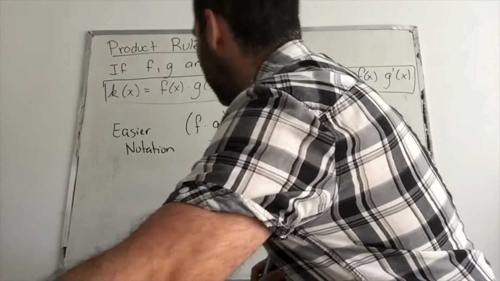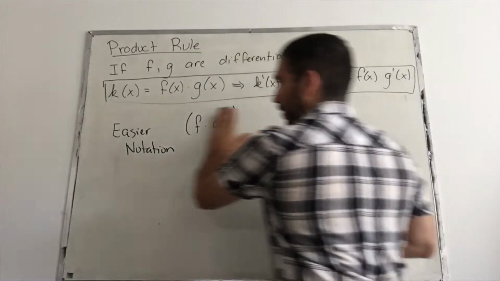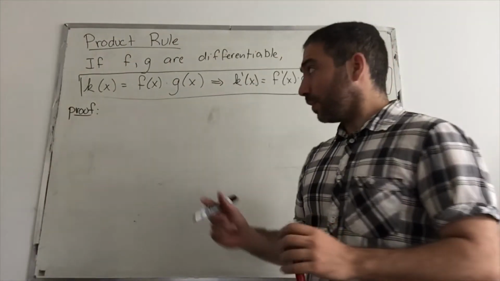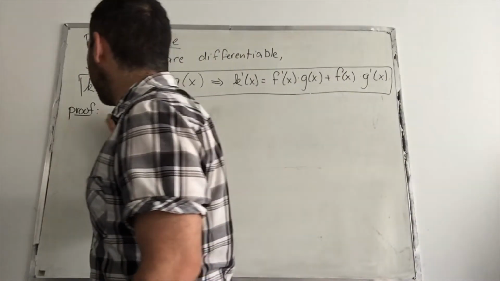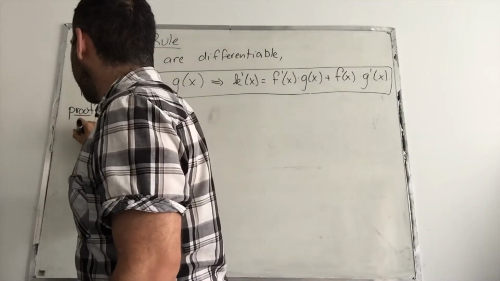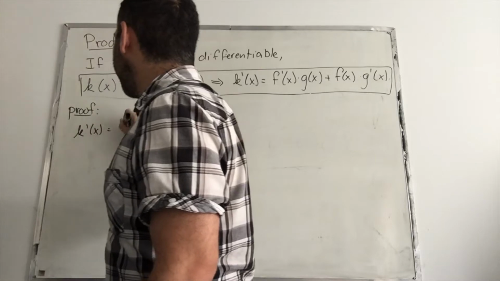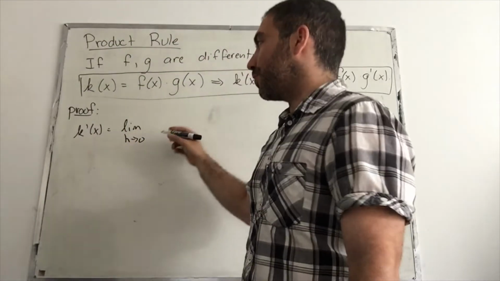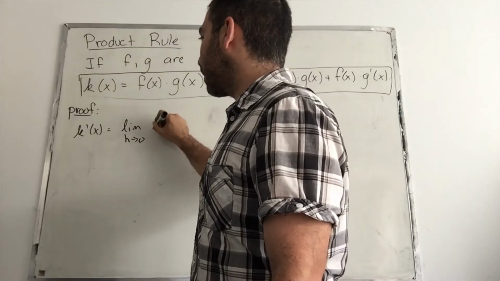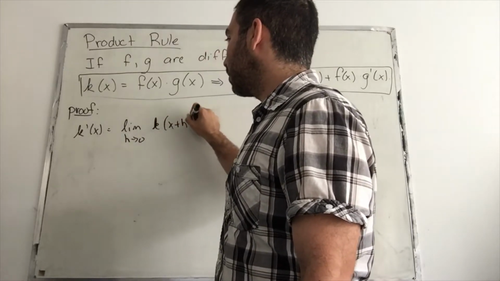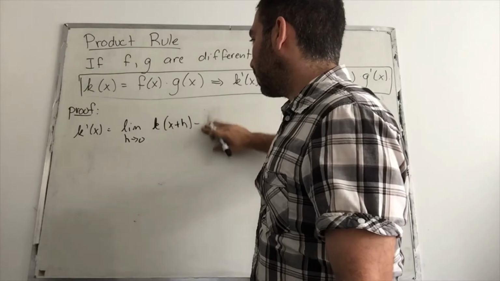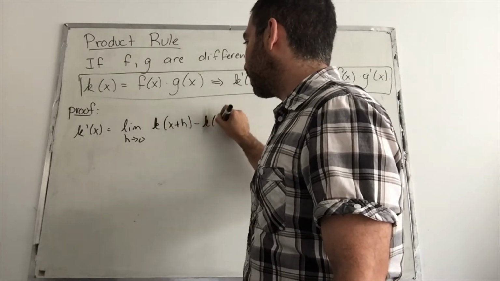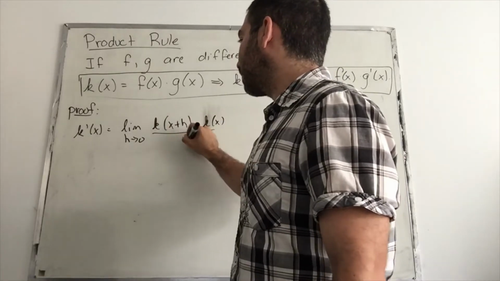Okay, so looking at the proof. For the proof we have k prime of x, by definition, is the limit as h tends to 0. Usually we have an f, but now we're using k, so don't get attached to the letters. We have k of x plus h minus k of x, all this divided by h.